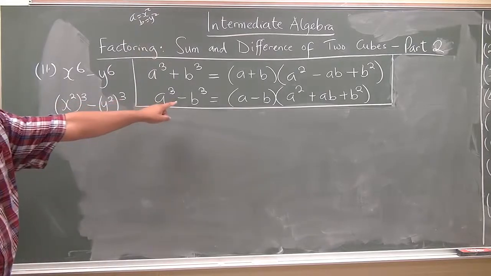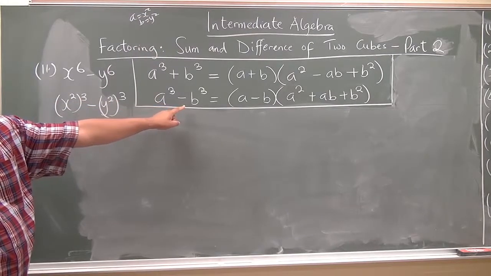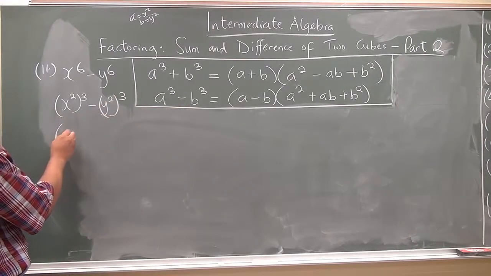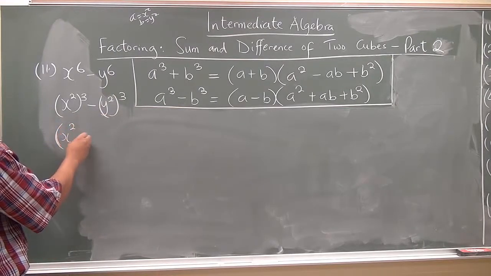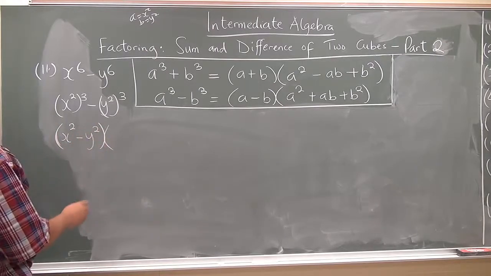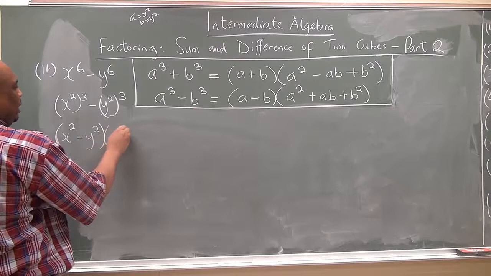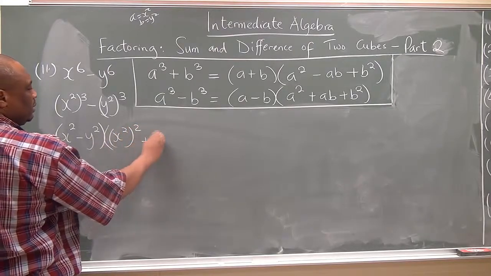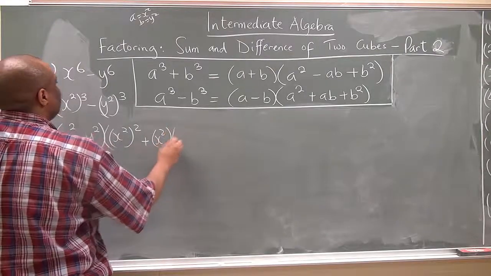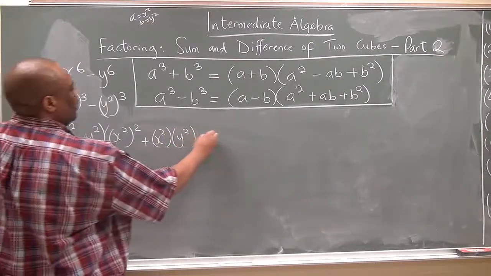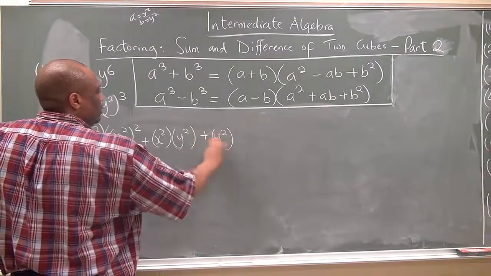When we use the difference of cubes, this will be x squared minus y squared times x squared all squared plus x squared times y squared plus y squared all squared.